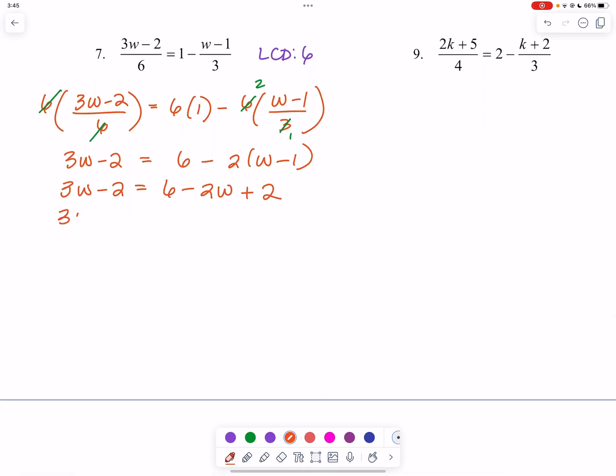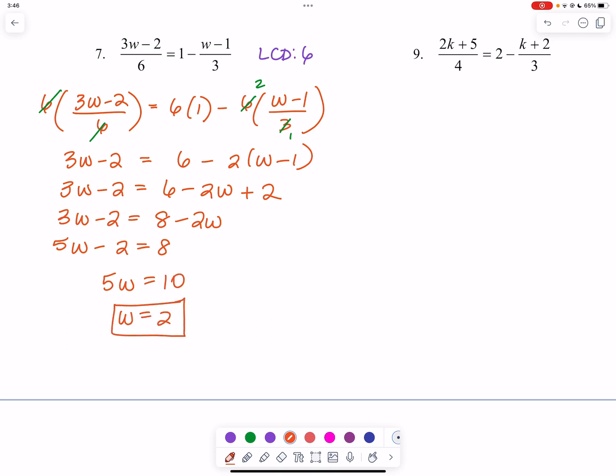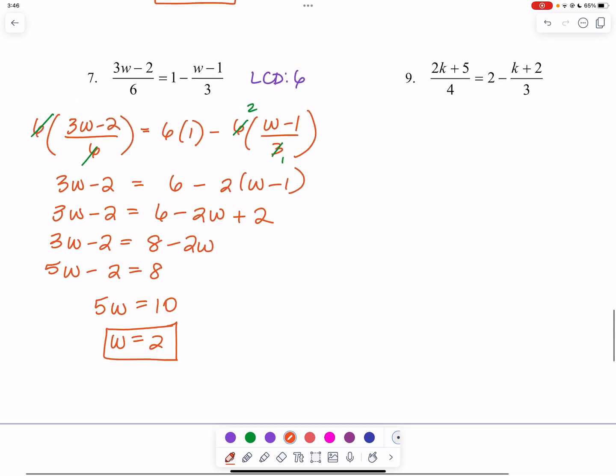Let's combine like terms on the right-hand side, and now we will add 2w to both sides and add 2 to both sides. Dividing both sides by 5, we come up with w equals 2.